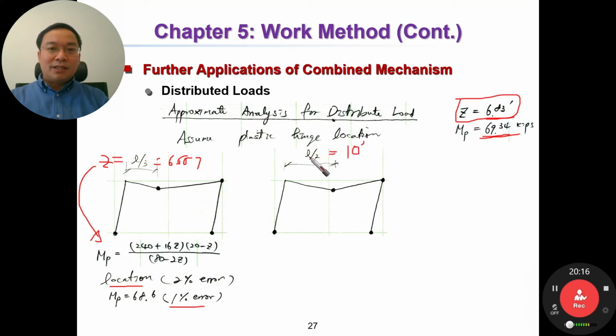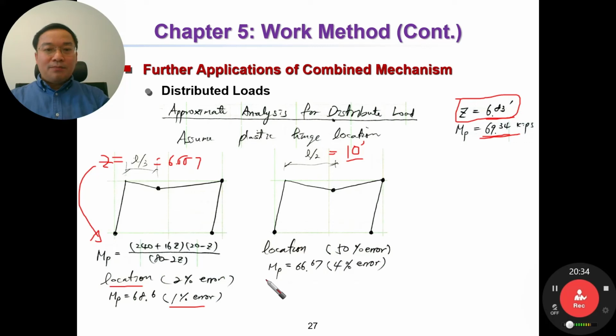With this one, the location error is 50%. The exact solution is here, but this is an assumption. Then MP equal to 66.67. The error is just 4%. So 4% is very small.